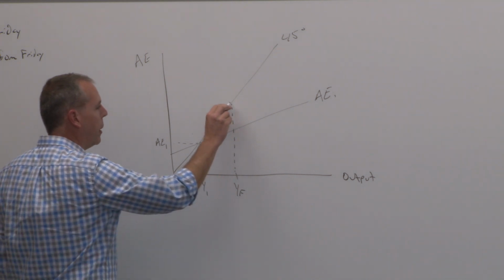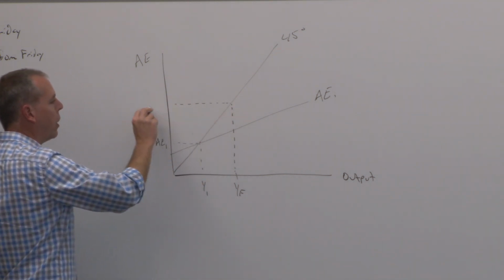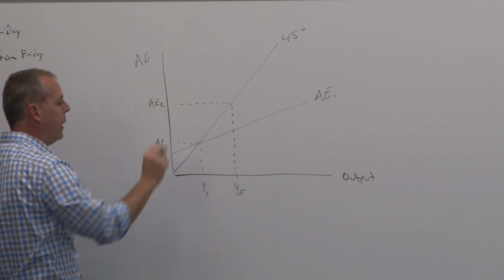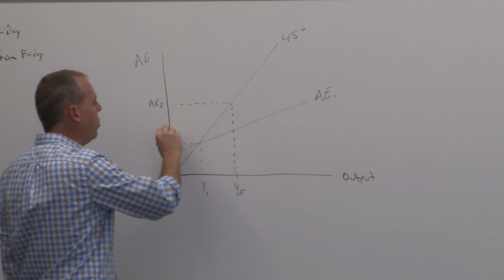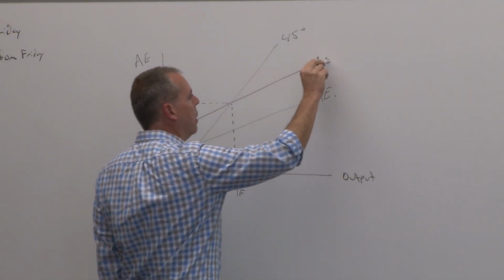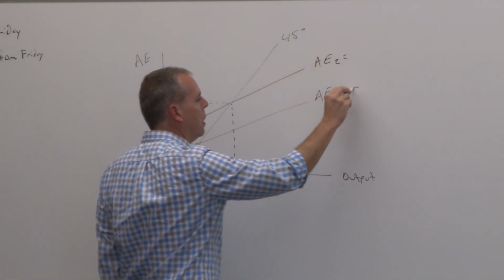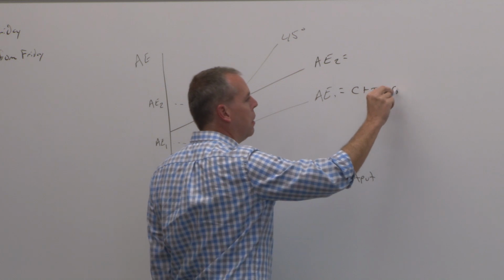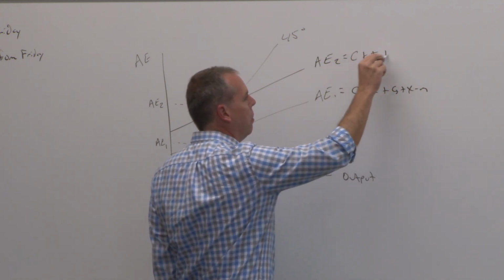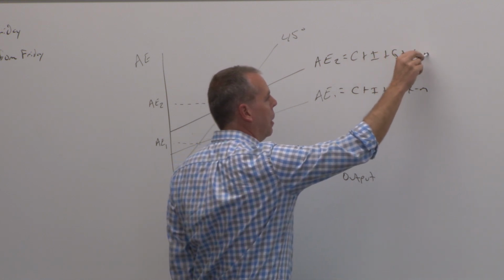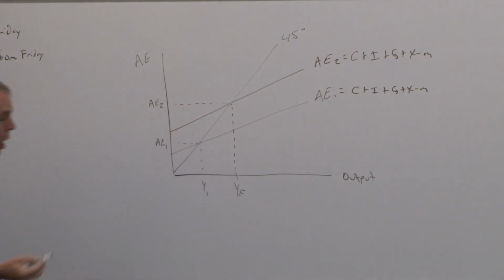So he said, well, what we could do is find some way to increase aggregate demand up here to say AE2, and we can do that by changing some of these autonomous components or changing the marginal propensity to consume or the marginal propensity to import.